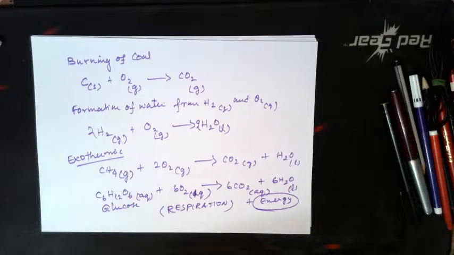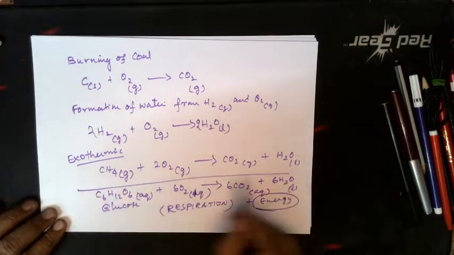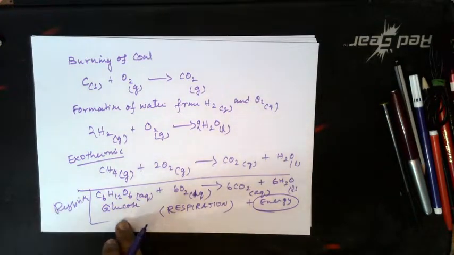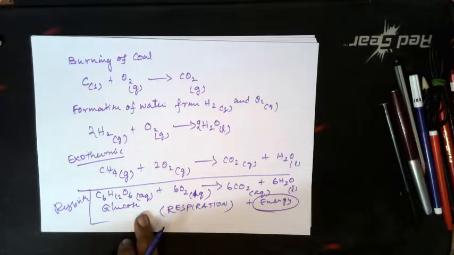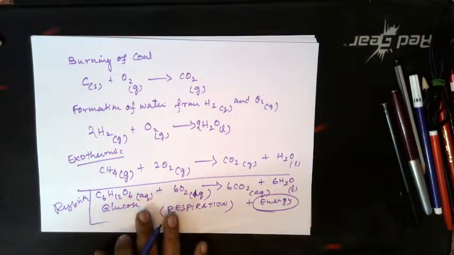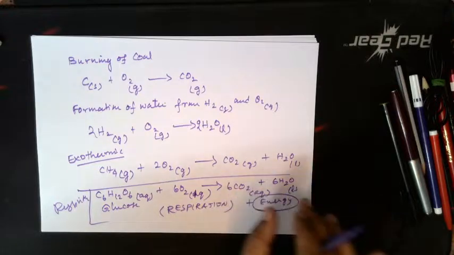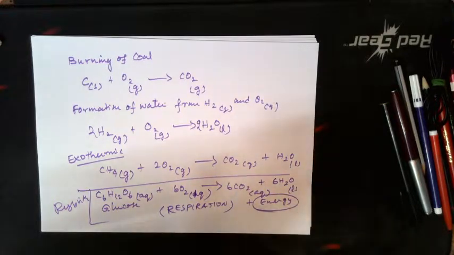So how did we get this? This is the part of respiration. How did we get this glucose? By digestion. From where? From the carbohydrate. What about that carbohydrate? They are all starches, mainly starch, and we have maltose, etc. So all these carbohydrates are broken into simple molecules like glucose, and it is further broken down into carbon dioxide and water, then energy is released.